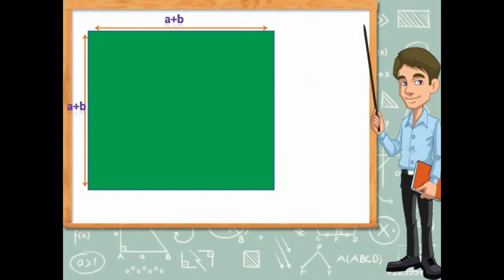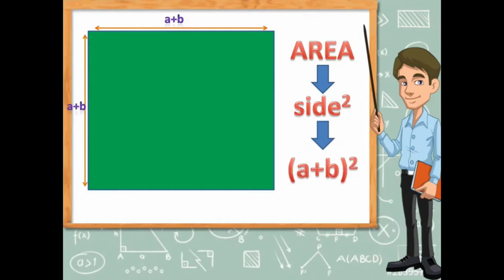If I want to find the area of the square, what do I have to do? Area of a square is nothing but side square. So what is the side here? a plus b. So a plus b whole square is the area of this square.